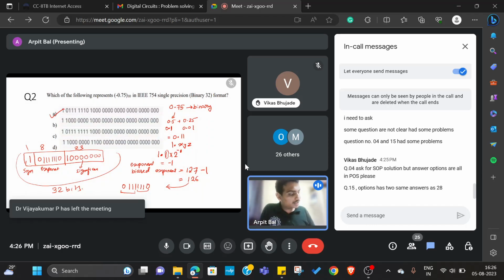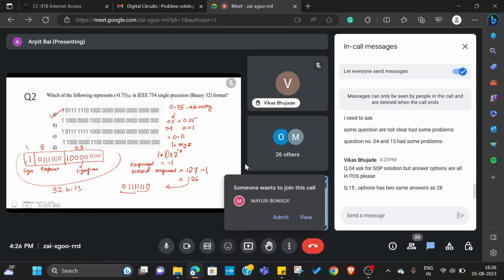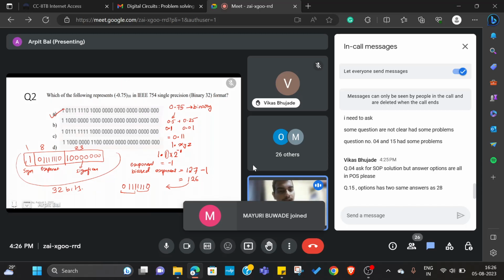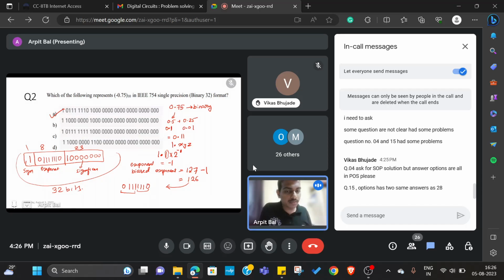So what we do is we get the binary value of 0.75, and that we convert into the standard notation, where we will have the implied one, and after that all the remaining digits, times 2 to the power whatever is the exponent. So here you can see we have 2 to the power minus 1. So to find the biased exponent, we add minus 1 to 127, it becomes 126.